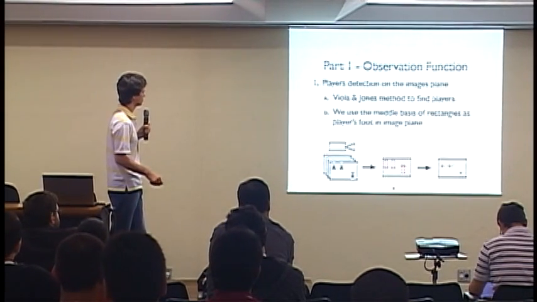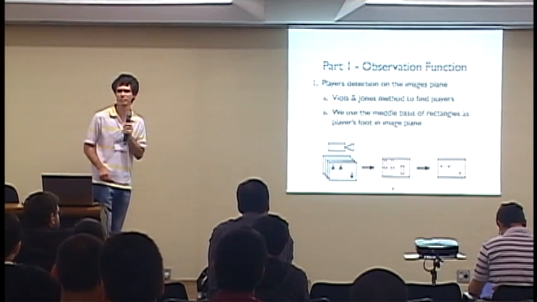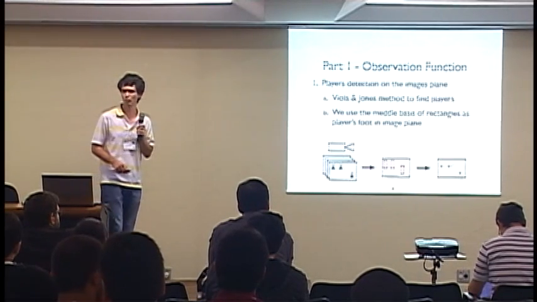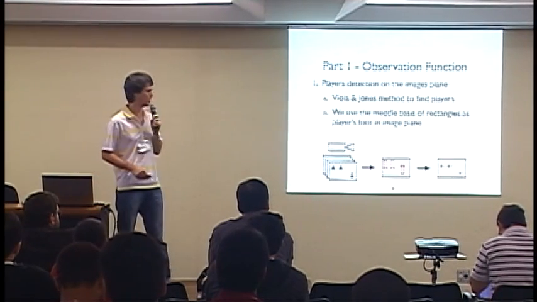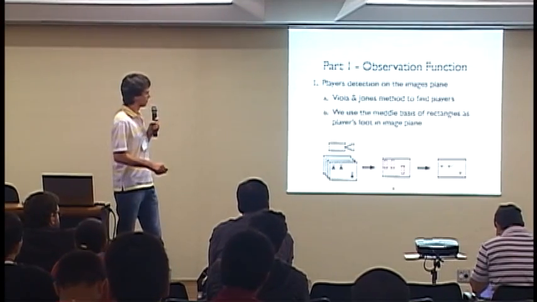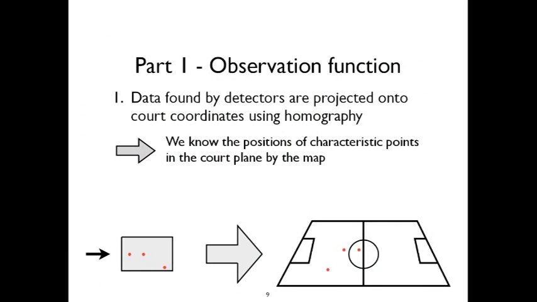The Viola-Jones detections give us a set of rectangles on the image plane, and we need information to project this onto a virtual plane, like here.